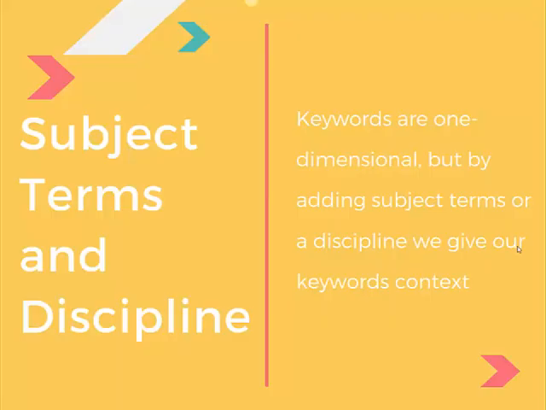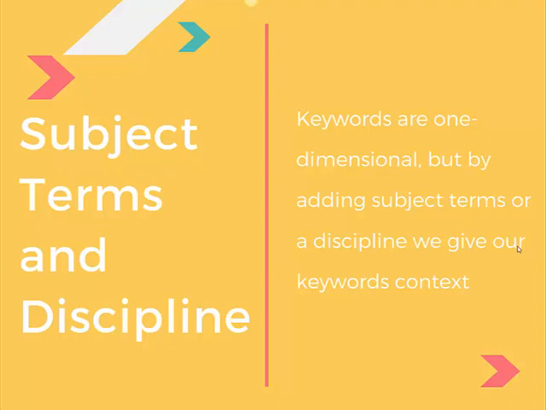So now let's talk a little bit about advanced searching with those subject terms and discipline limiters. Keywords are one-dimensional, but by adding subject terms or discipline, we give our words context. What this means is, well, let me tell you a story about a student I was searching with a couple of weeks ago.